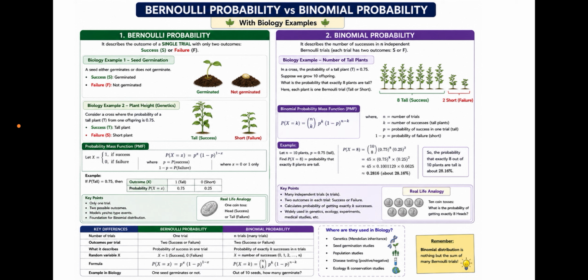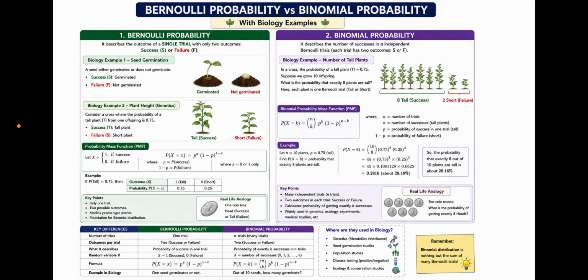is present. Whereas binomial probability is used when multiple trials or multiple events are there, and each event must have two outcomes, such as head and tail. But the probability of each outcome must be the same in all the trials.